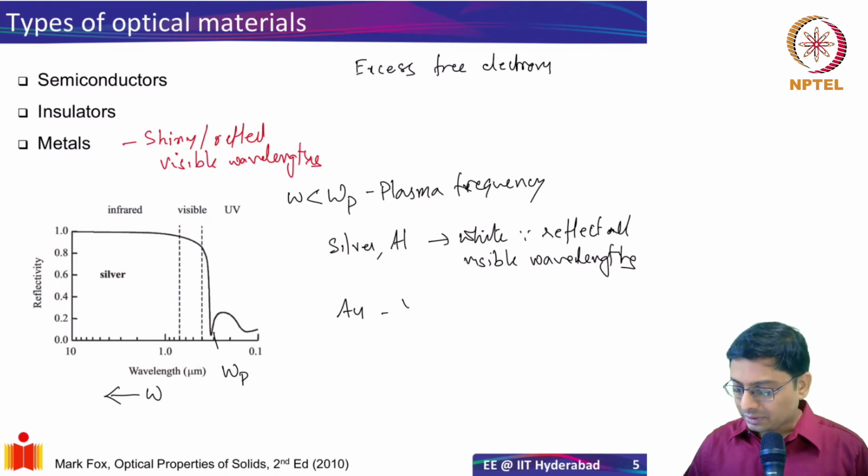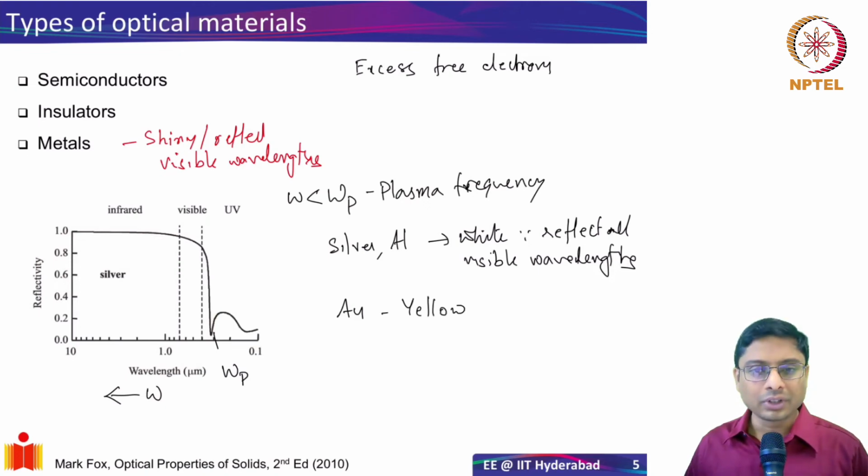The reason why gold is yellow is because you have the free carrier response, and also what are known as interband transitions. Gold has an electronic structure in the outermost shells of something like 5d and 6s. 5d should have 10 electrons and 6s, I think, 1 electron.